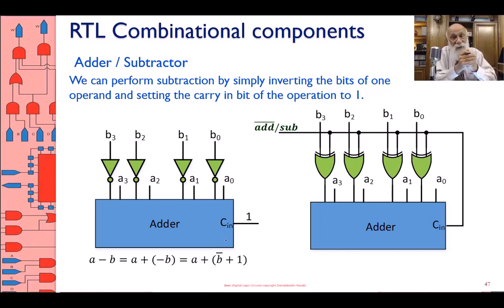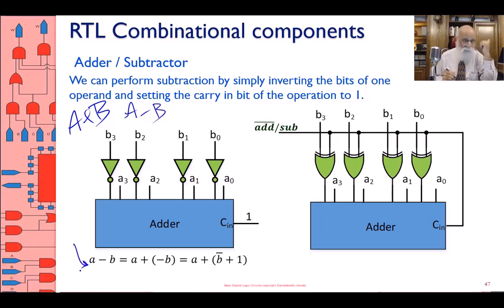What if I want an adder that sometimes adds A and B, and sometimes subtracts A and B? Look down here: A minus B. These are 2's complement numbers, 2's complement adders. A minus B is A plus minus B. That's the whole idea behind 2's complement numbers.